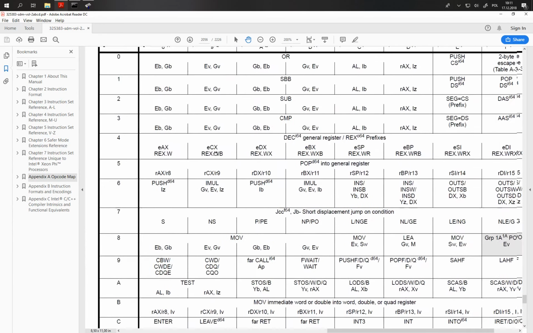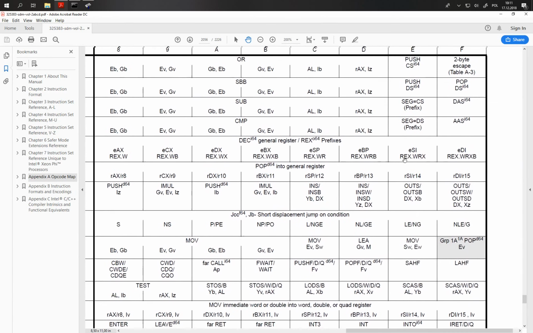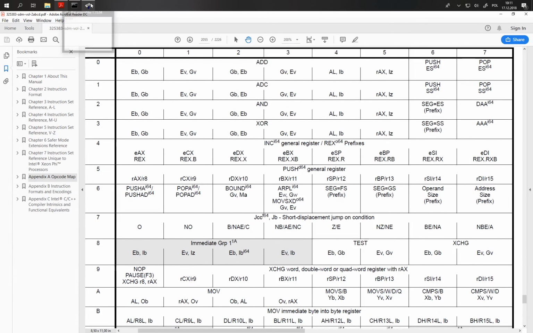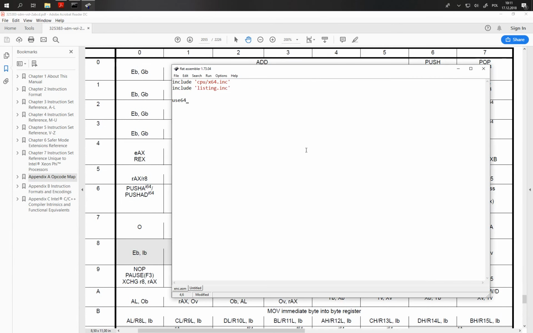And also this other row, this was decrement register. This is another example where the octal system makes a bit of sense. We have two ranges here.